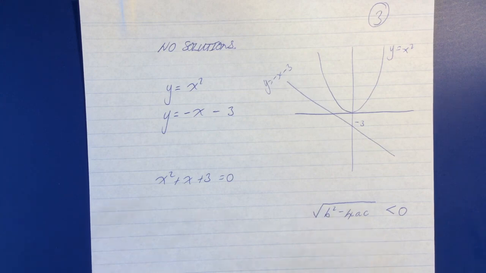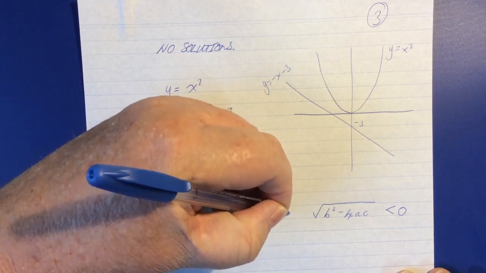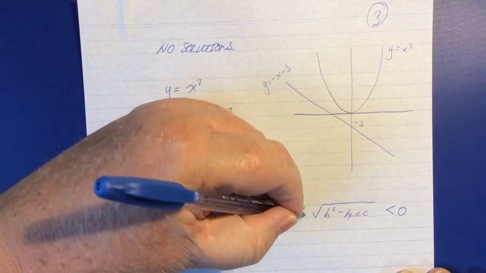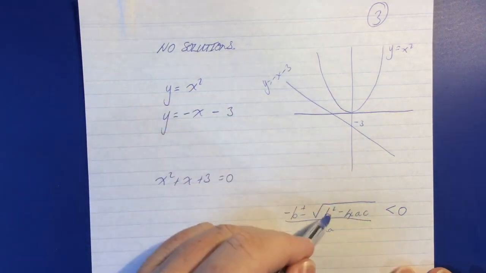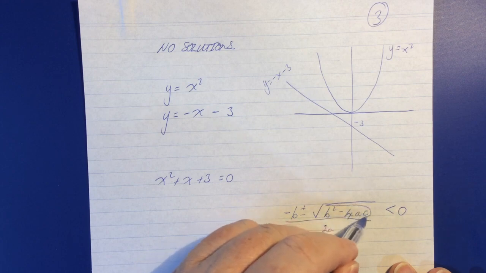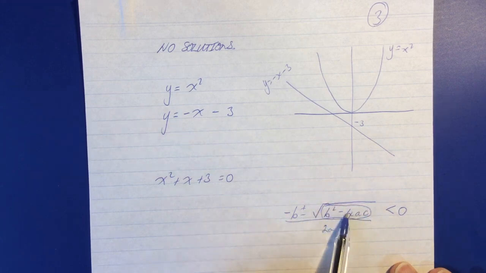this part of the quadratic formula, now the quadratic formula is negative b plus or minus the square root of the discriminant, all over 2a. What I'm looking for is this part of the quadratic formula. I want to know if that is positive, 0, or negative.